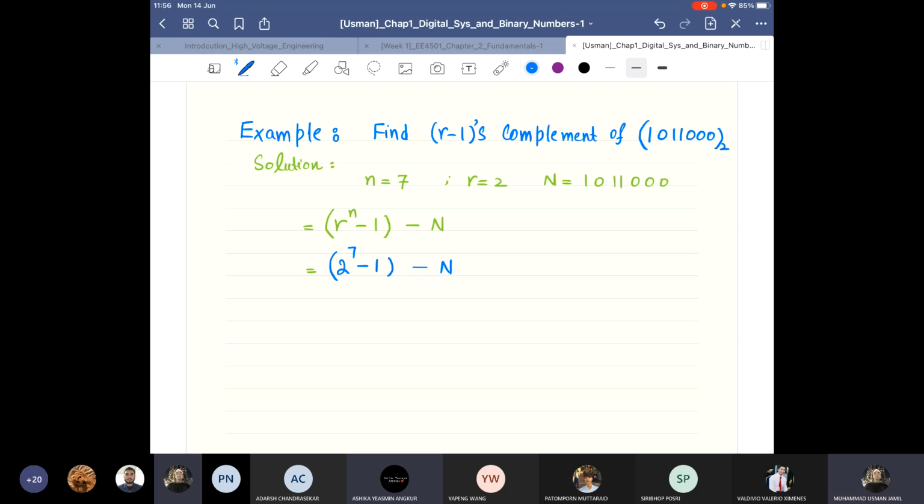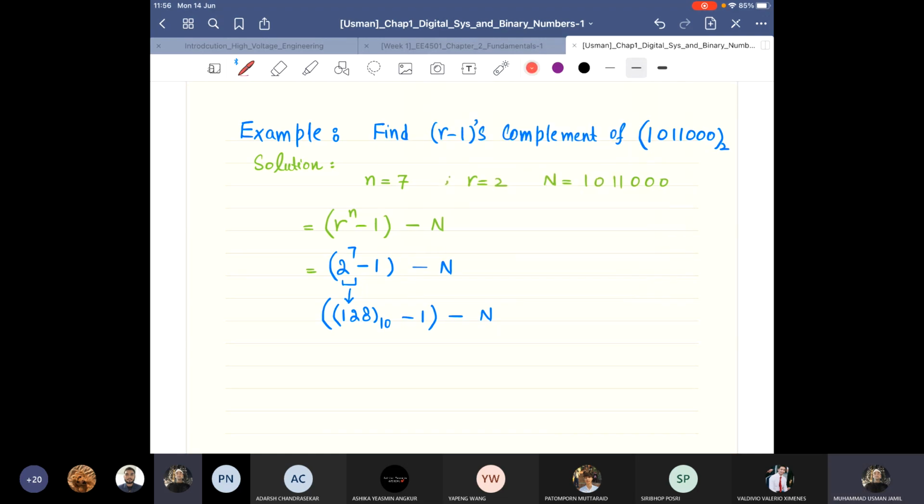Okay, so for this case now, so we have this is equal to, so now 2 power 7 is equal to 128, which is in base 10 now, minus 1 minus n.